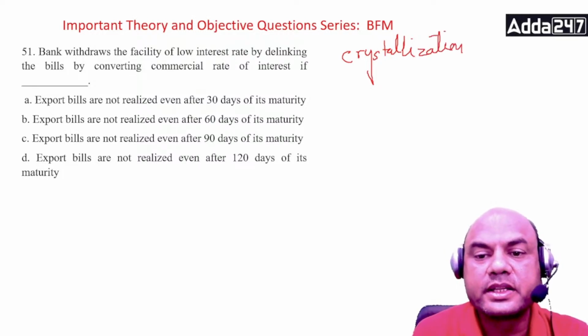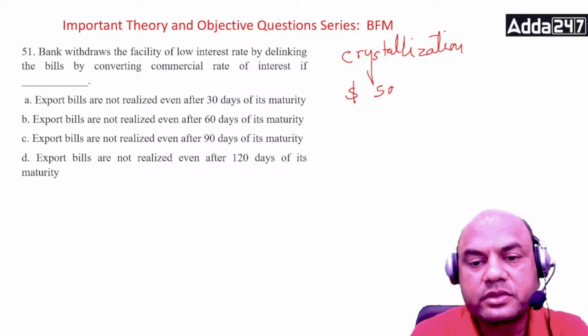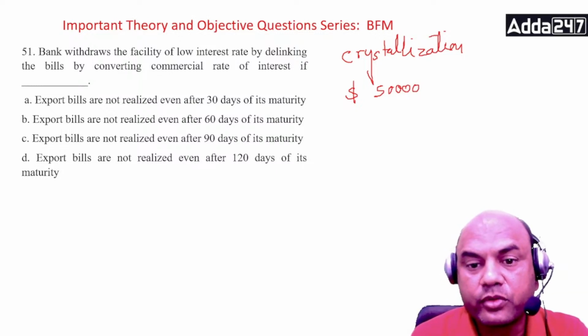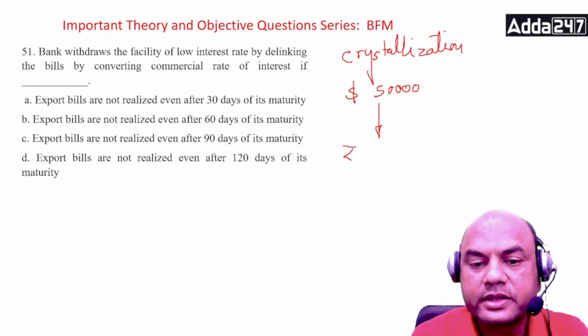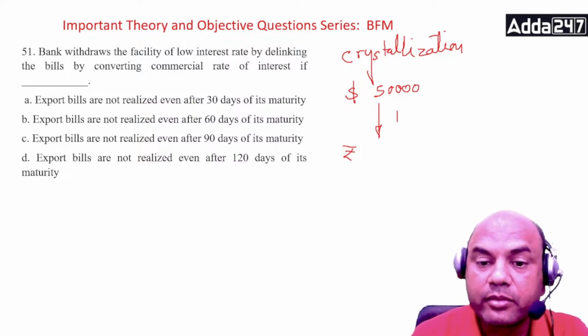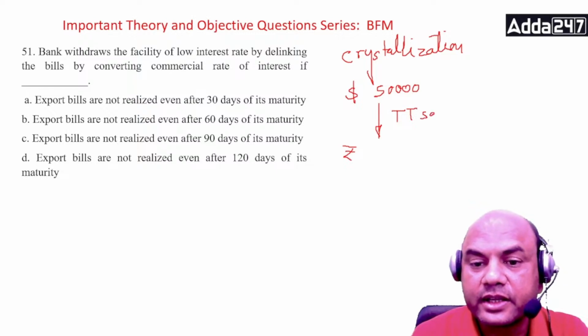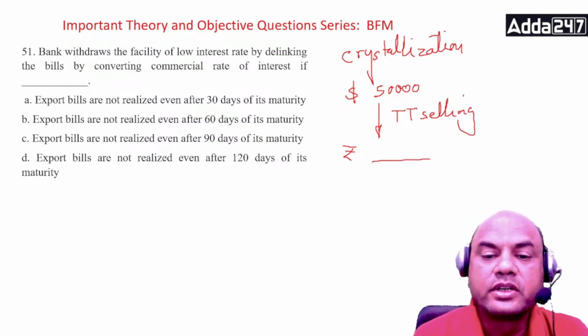What do we do in crystallization? Suppose I gave you a dollar loan of, let's say, $50,000, and if you don't pay on time, I convert this dollar loan to a rupee loan at the spot rate, at the TT selling rate. Remember, it's always TT selling rate. Whatever that amount is, it is in rupees now.